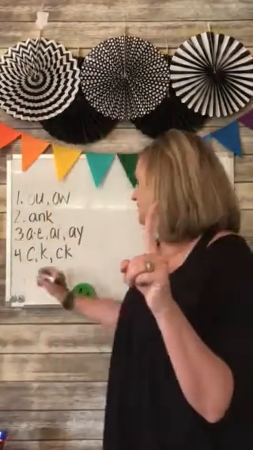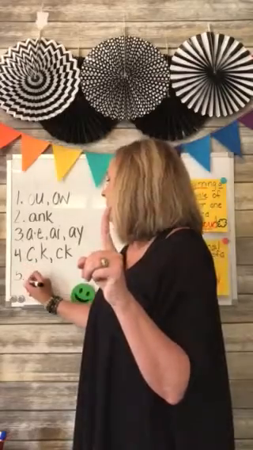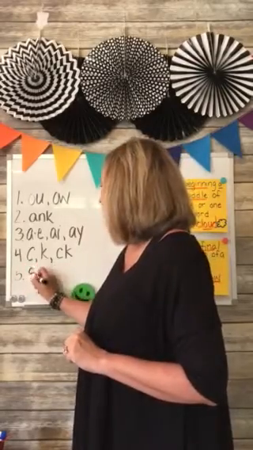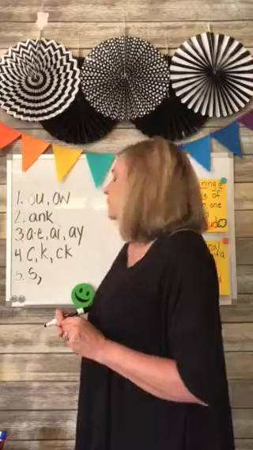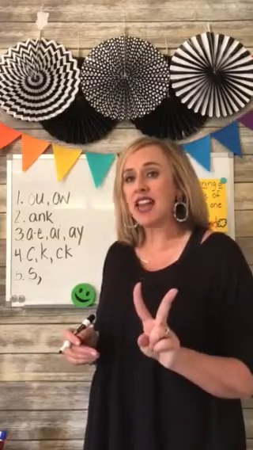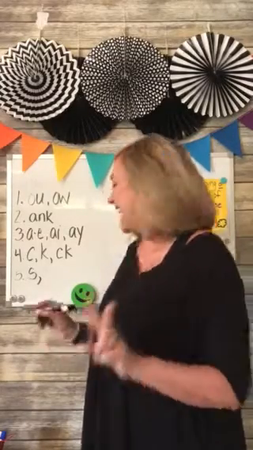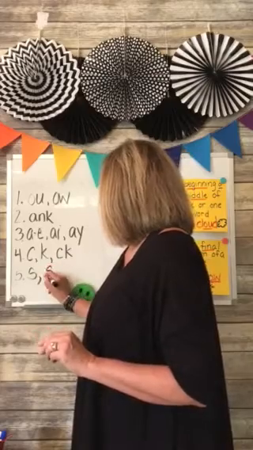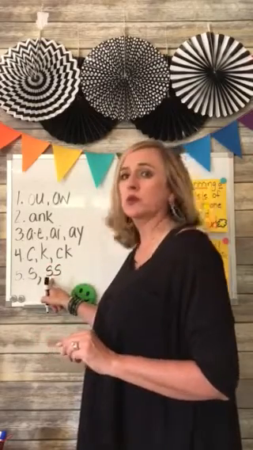All right, last sound I want us to practice is the S sound. This is another sound that we have learned to make 3 different ways. The first way we learn to make this sound, that's right, it's just S by itself. The second way we learn to make the sound, yes, SS. We call that the floss rule.